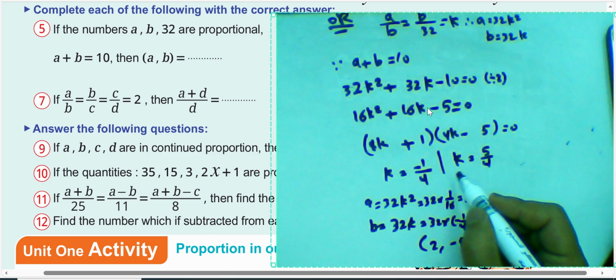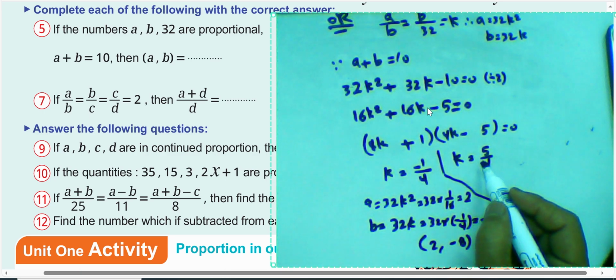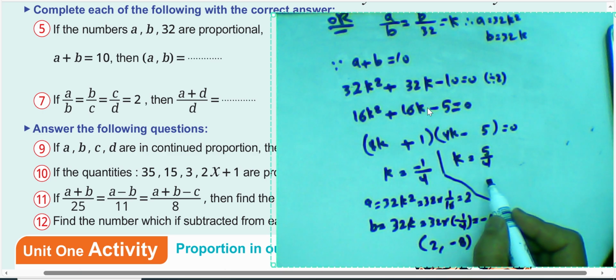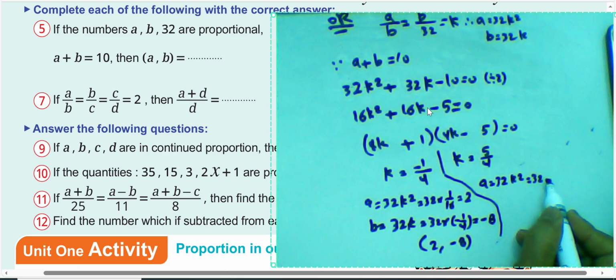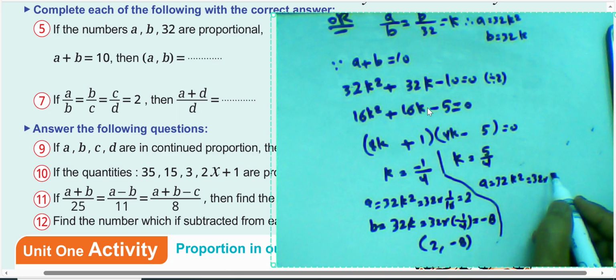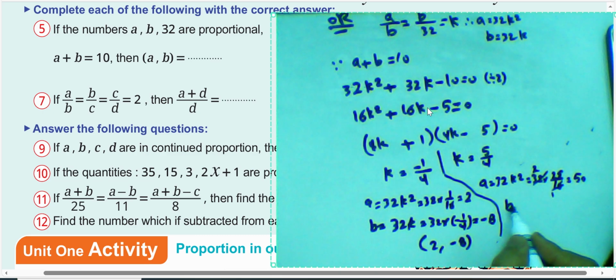This is the first solution. And the second: if k equals 5 over 4, then the value of a equals 32k squared, so 32 times 25 over 16. 32 divided by 16 equals 2, and 2 times 25 equals 50.